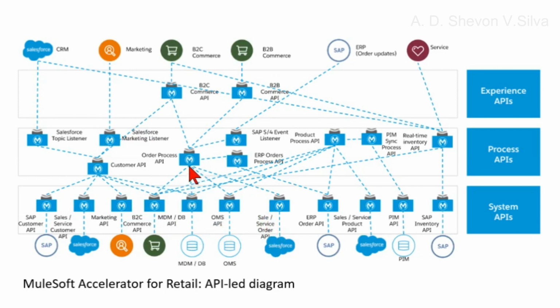Order Process API interacts with ERP Orders Process API, SAP S4 Event Listener, and B2C Commerce API in Experience API and B2B Commerce API. The B2C Commerce API interacts with B2C Commerce, and here B2B Commerce API interacts with B2B Commerce.